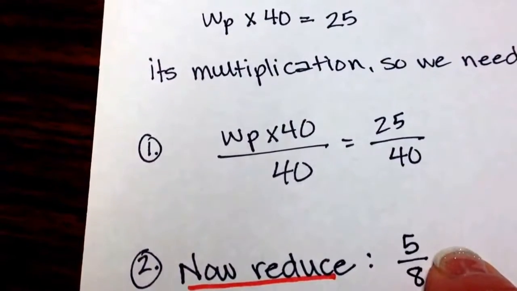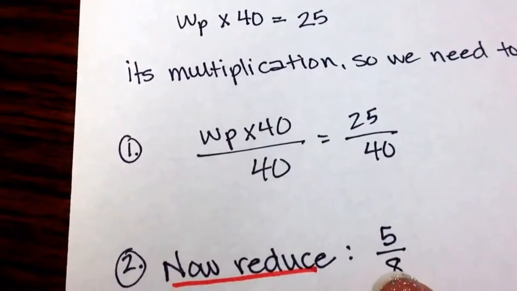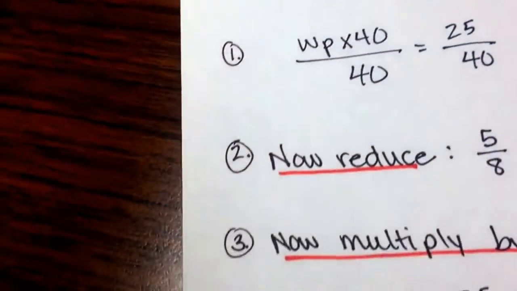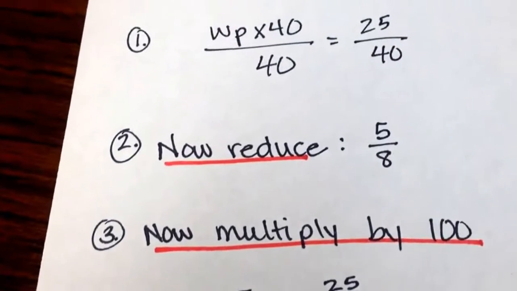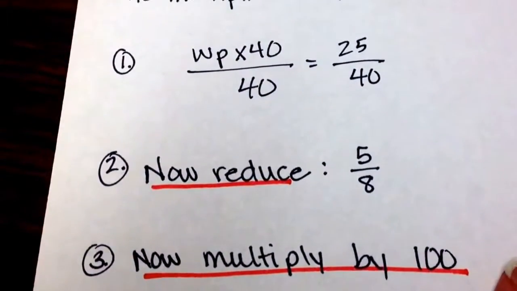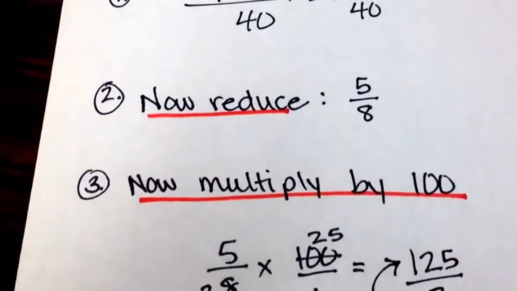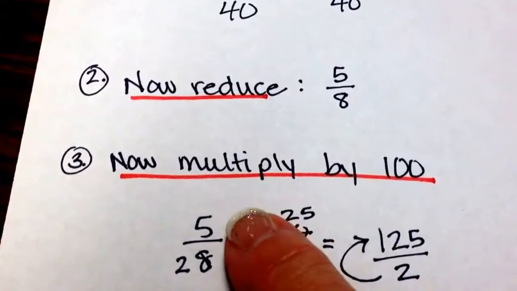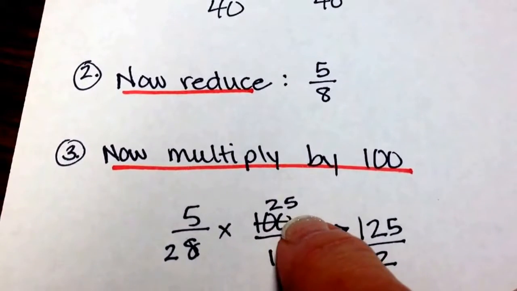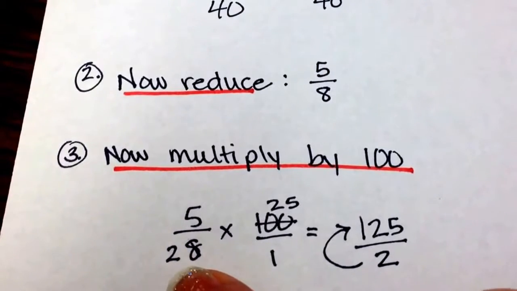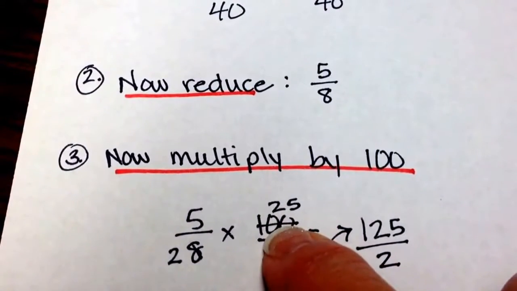Now, I need to know percent, not fraction. How am I going to find percent? First of all, I'm going to multiply by 100 for percent. So I have 5 over 8 times 100 over 1, 4 can go into 8 two times, 4 can go into 100 twenty-five times.